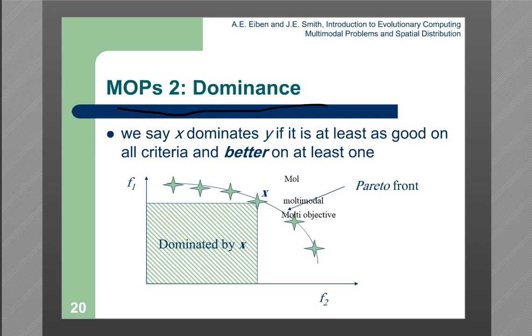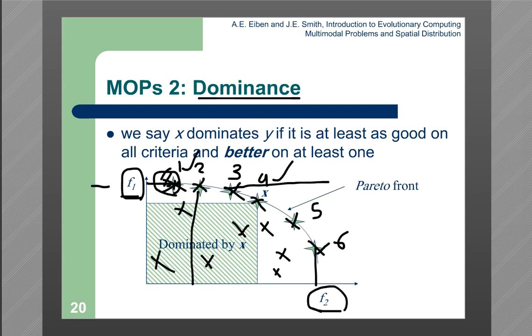The Pareto set includes a collection of individuals where none of them dominates another one. So which element is the best? None of these elements is the best.